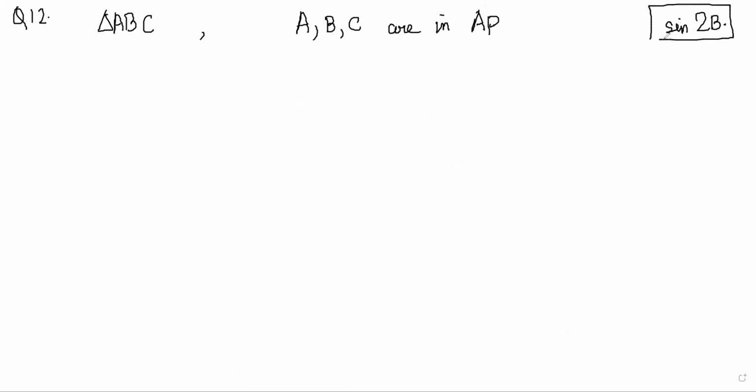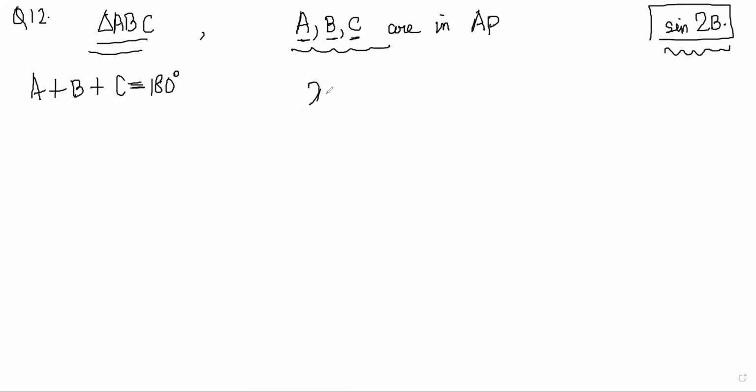You have just now learned a little bit of trigonometry in school, right? So now you know that the sum of angles of a triangle is what? 180, right? And angles are in AP. So what is the condition for 3 numbers to be in AP? Middle number double, 2B should be equal to A plus C, no? You understand this condition, right?